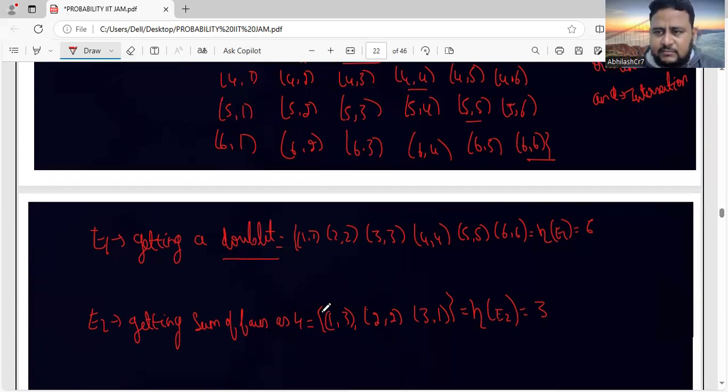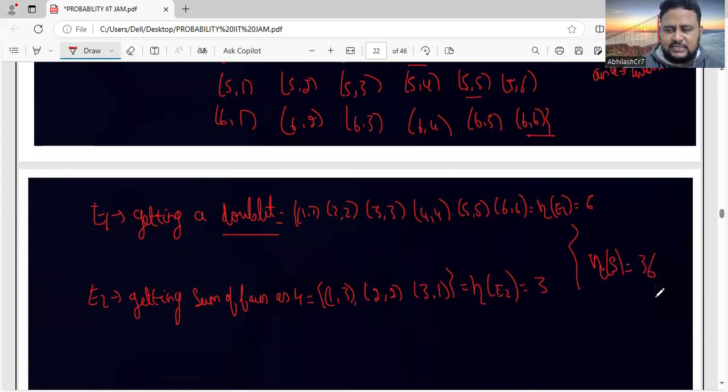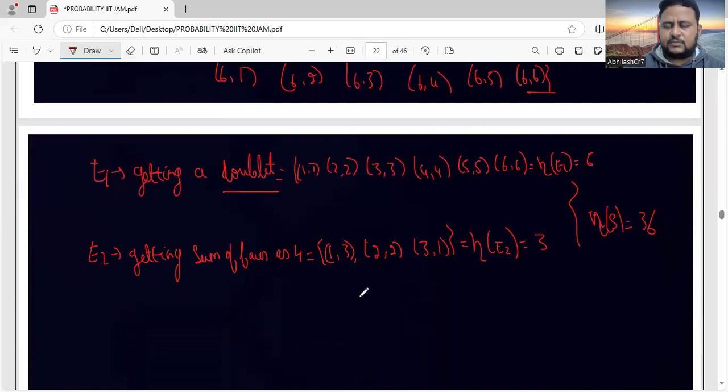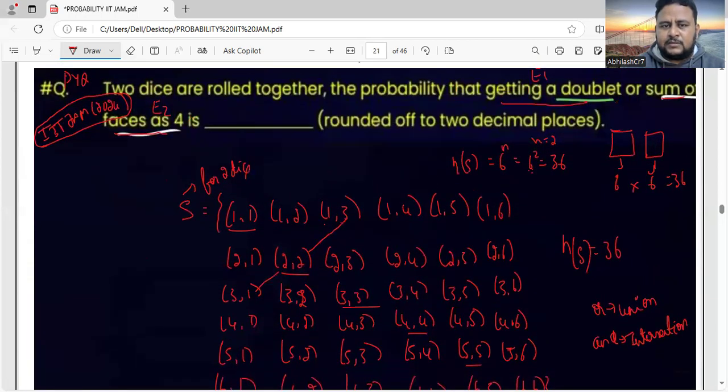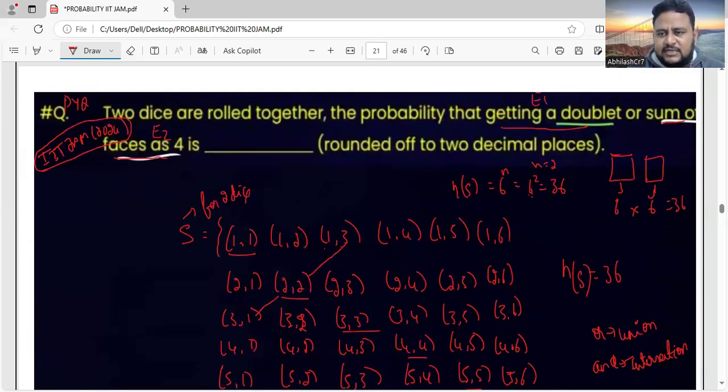But one thing you must understand: in both the cases, n of S, the sample space, is how much? We got it as 36, friends. The question they're asking is the probability that when two dice are rolled together, we get a doublet or sum of faces as 4.